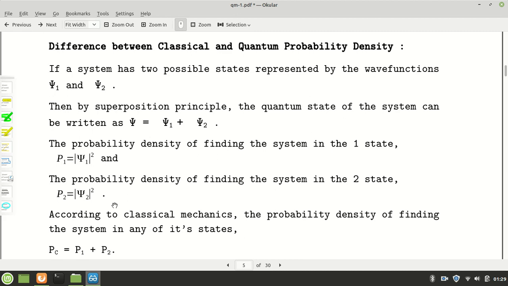You are familiar with the coin toss problem: head has half probability and tail has half probability. But if one asks what is the probability of being head or tail, that is, the system being found in any one of its probable states, it is just the sum of those, that is 1. The coin should be found in head or tail. The probability is greater than each individual probability, so P1 plus P2 is there.